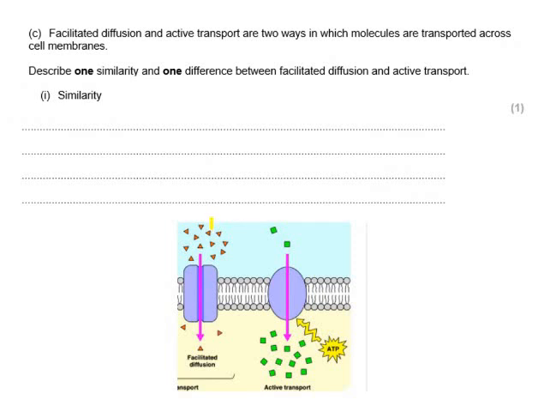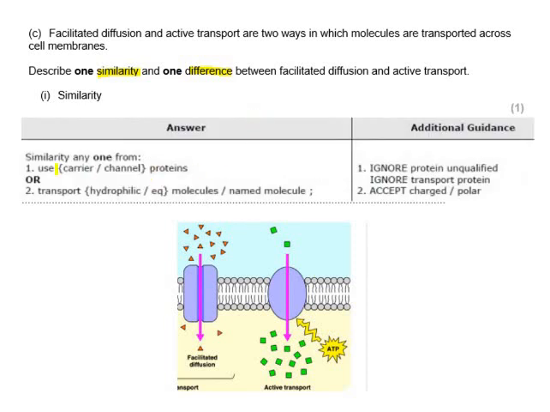Next bit: facilitated diffusion and active transport are two ways in which molecules are transported across cell membranes. Describe one similarity, so one thing that's the same, and one difference between facilitated diffusion and active transport. The answers for similarities could have been the use of a carrier or a channel protein. If you just said protein, you don't get a mark.